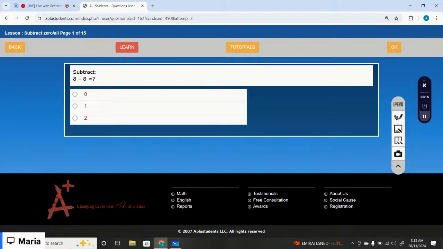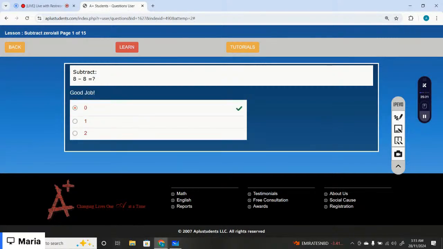Eight take away 8 is 0. Subtracting a number from itself always makes a 0.